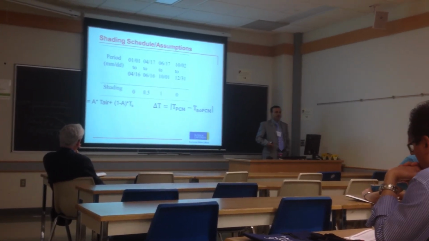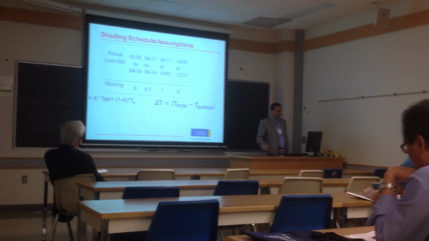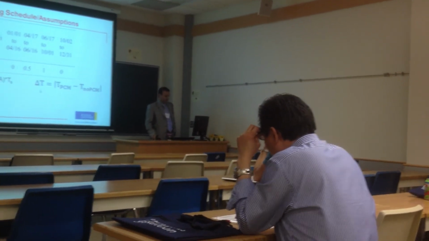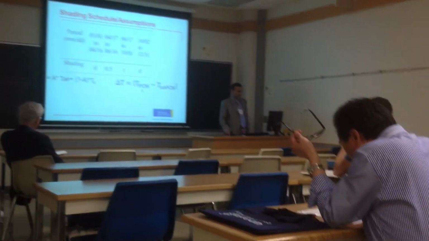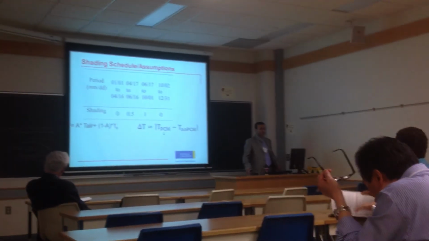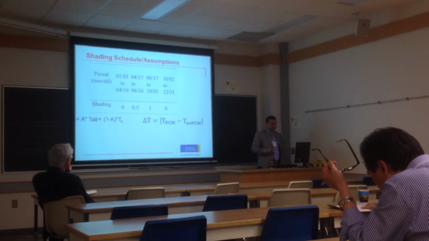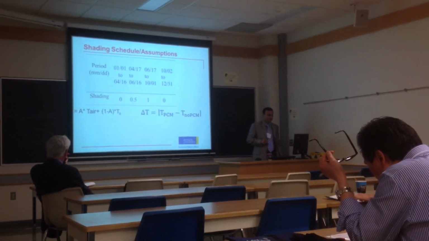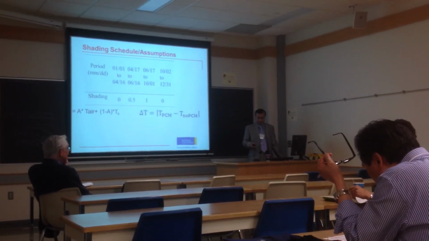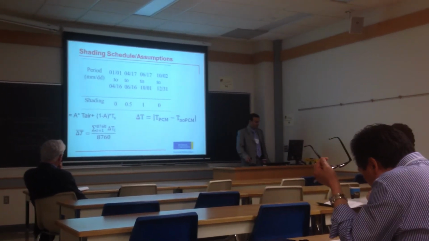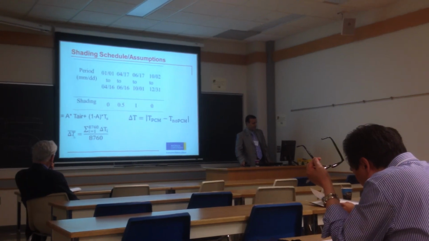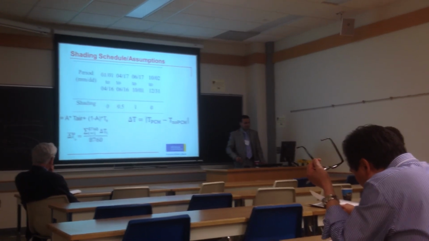And to define the effect of PCM, I have a few index. So one of them is delta T, which is the absolute value of temperature of the indoor when PCM is there, minus temperature of no PCM at the same time. And another index that I'm defining is average delta T during the year.